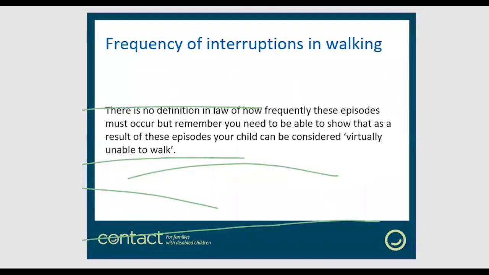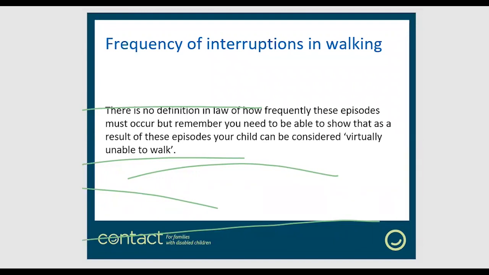In terms of establishing whether the episodes are happening with enough frequency, there isn't actually anything in the case law that addresses how frequent it needs to be. But what we need to bear in mind is that this question arises in relation to the test of being virtually unable to walk, so it's clear that that's quite a stiff test to meet.